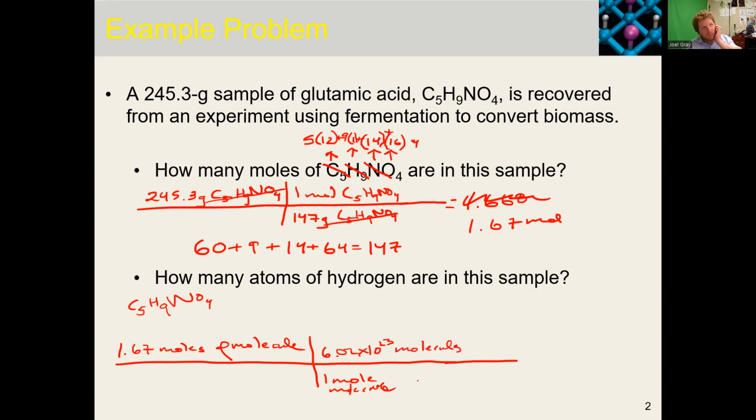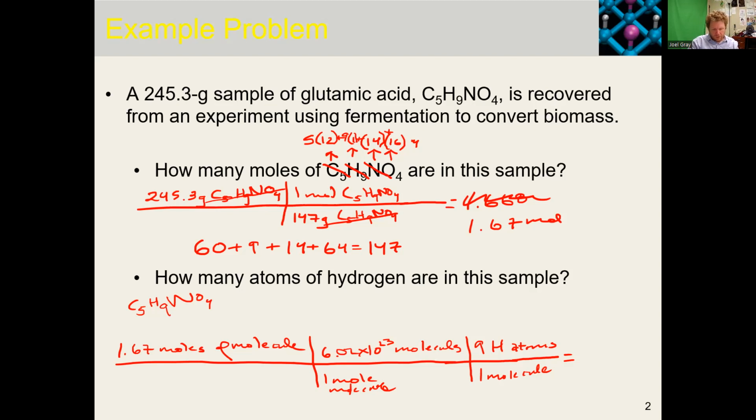So this gives us our conversion from moles to molecules. Now we need to go from, well, if we have 1 molecule, how many atoms of this do we have? 9 hydrogen atoms. So what we're going to do is say 1.67 times 6.02 times 10 to the 23rd times 9, and that's going to be our answer.